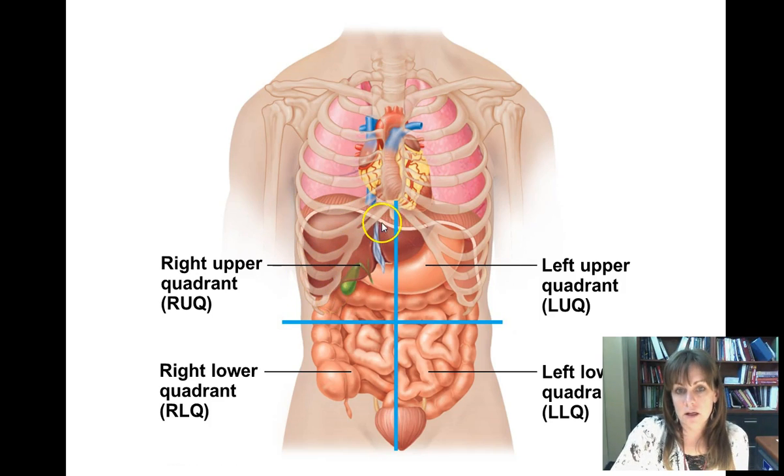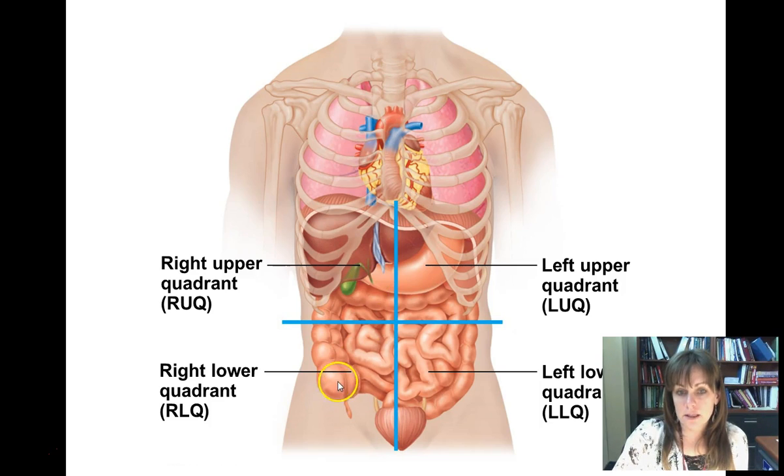So this dark brown organ here is the liver. This right here, this greenish, is the gallbladder. Over here, this curved thing right here is the stomach. And then right over here is going to be the spleen. The pancreas is going to lie behind the stomach and along the curve of it.